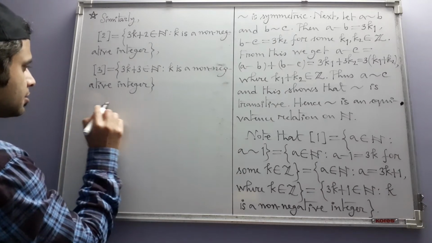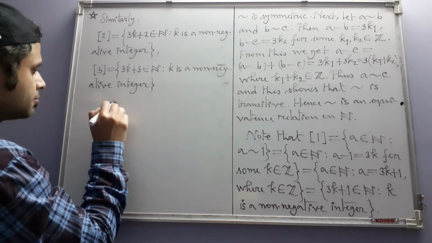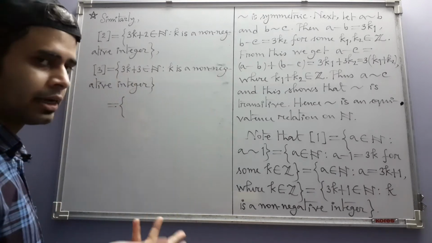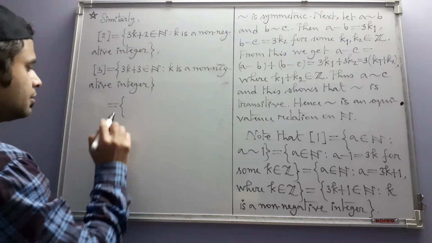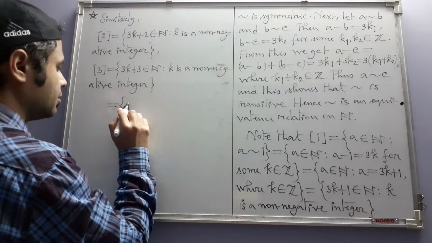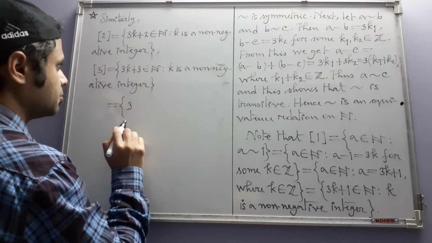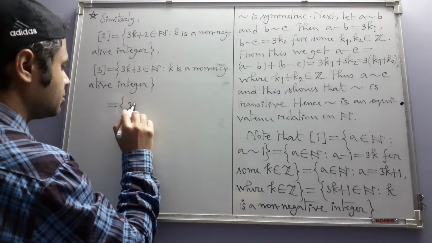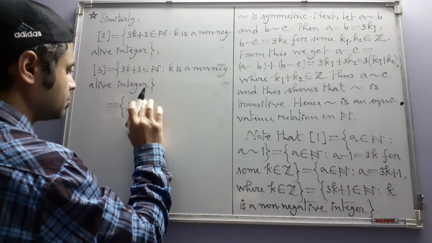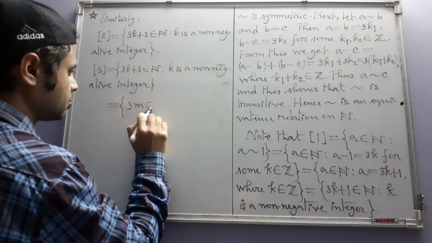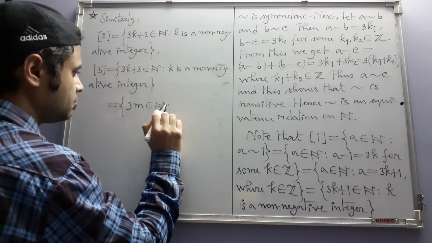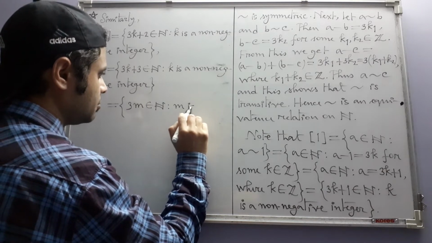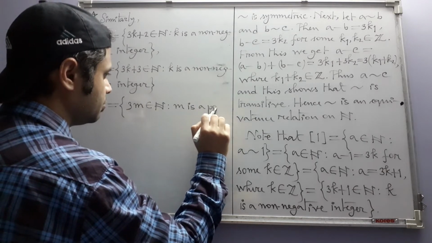What I am trying to say here is this: in place of this set you can write, again we will have the same set but represented slightly differently. 3 times, to distinguish this k from the other case, you can write 3 times m, where m is a positive integer.